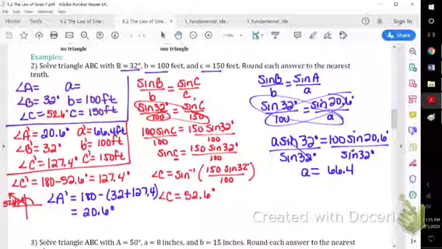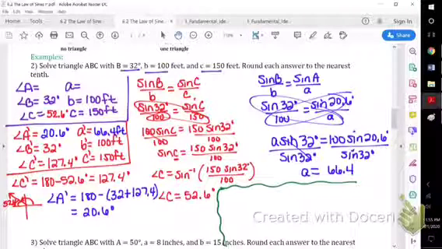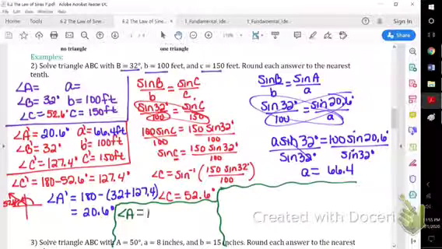And then I just need to finish off that first triangle now. So let's see. I think I can fit this in right here. So angle A, remember it's going to be 180 minus the other two angles added together.